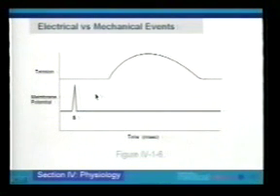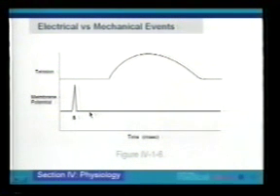Now this electrical event will release a small amount of calcium from the sarcoplasmic reticulum. This calcium will diffuse to the troponin and you will get some cross-bridge cycling, and this cross-bridge cycling will produce this mechanical event.